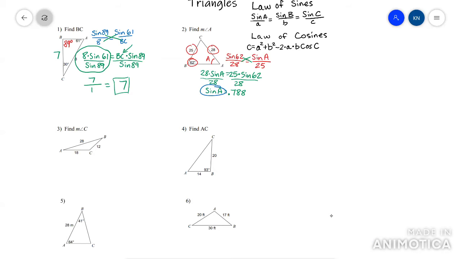So I'm going to run inverse sine on both sides of this. And so when you inverse sine 0.788, you get 52 degrees. We'll just call it 52 degrees. It's like 52.03 or something.